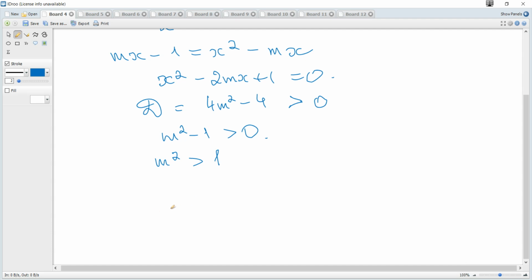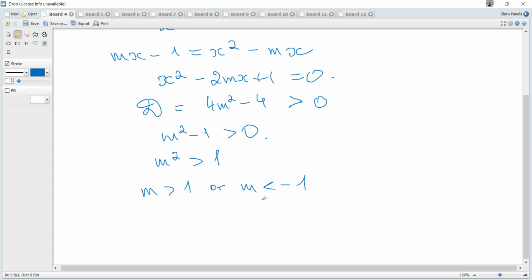For m squared to be greater than 1, m can be greater than 1 or less than negative 1. Because 2 squared is 4 and negative 2 squared is also 4. 0.5 or negative 0.5 squared is 0.25, which is less than 1.